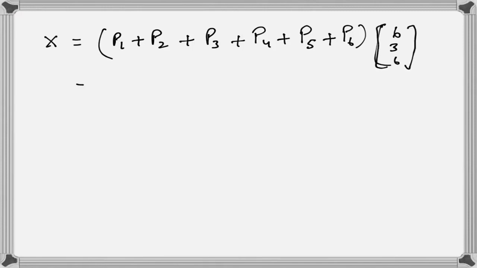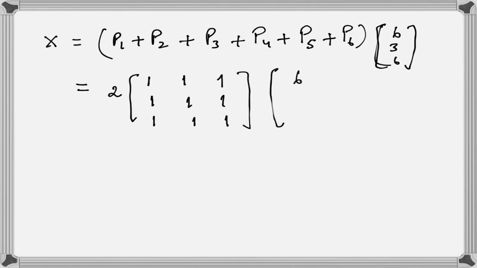If you add all these matrices, we get 2 times the all-ones matrix 1 1 1, 1 1 1, 1 1 1, times (6 3 6).